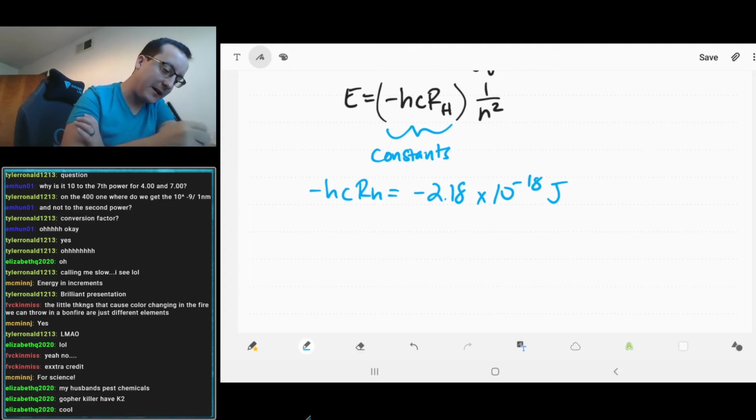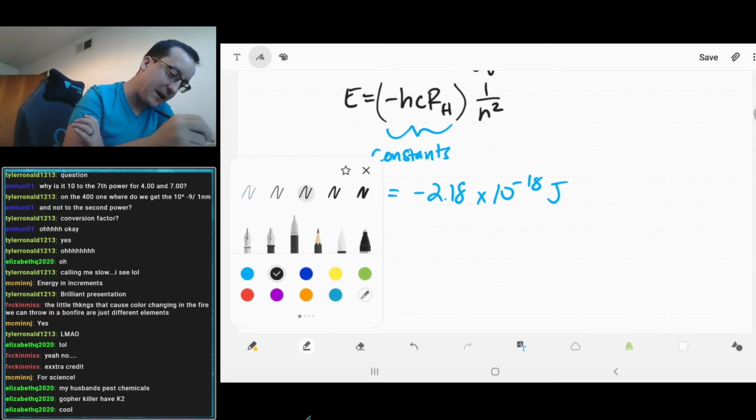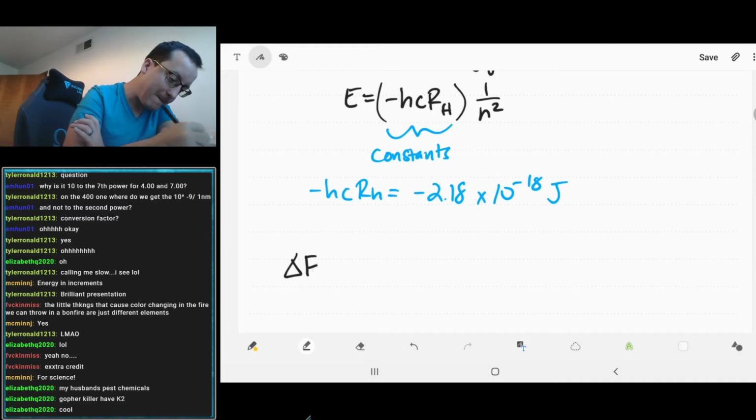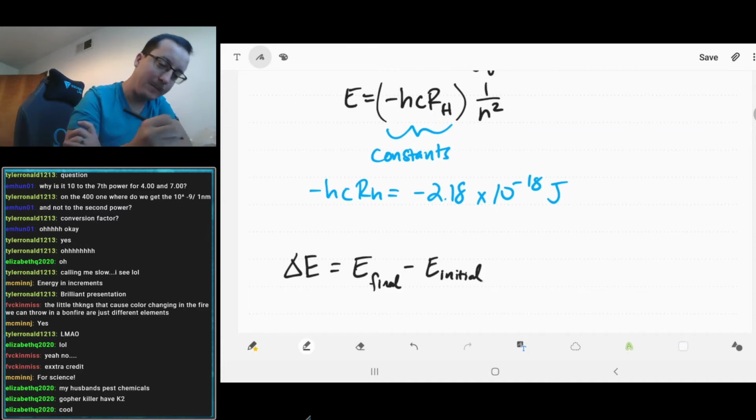Alrighty, so the difference in energy level is going to be the energy at the final state minus the initial energy.